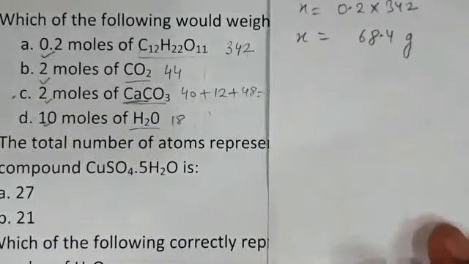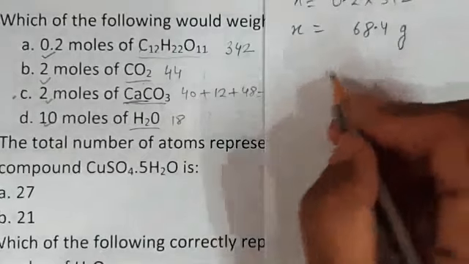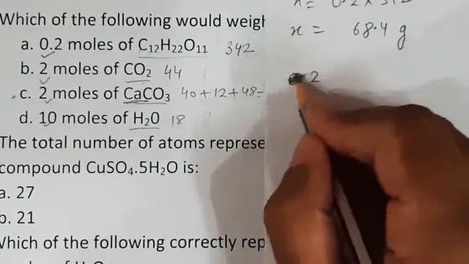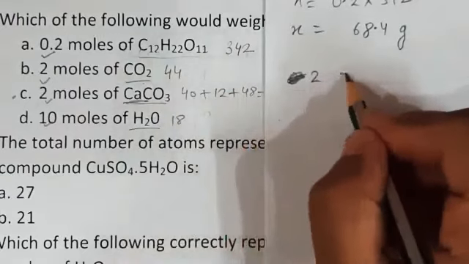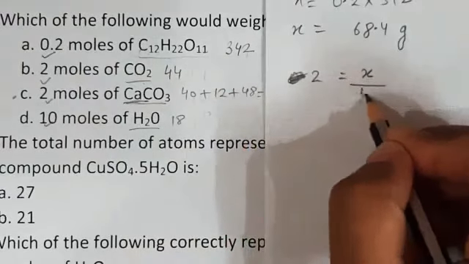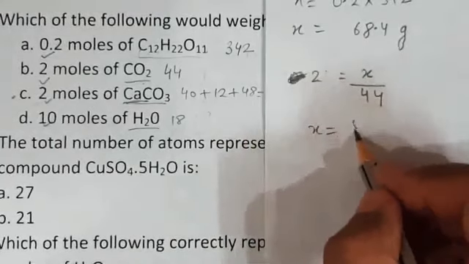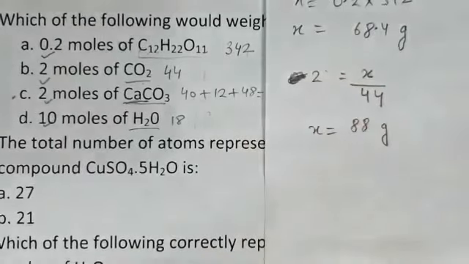That is for the first case. For the second case, number of moles is 2. So 2 is equal to given mass X over molar mass 44. So X is equal to 44 into 2, 88 gram.